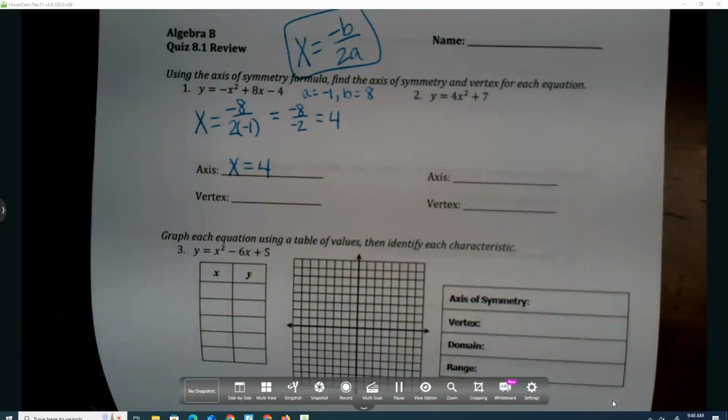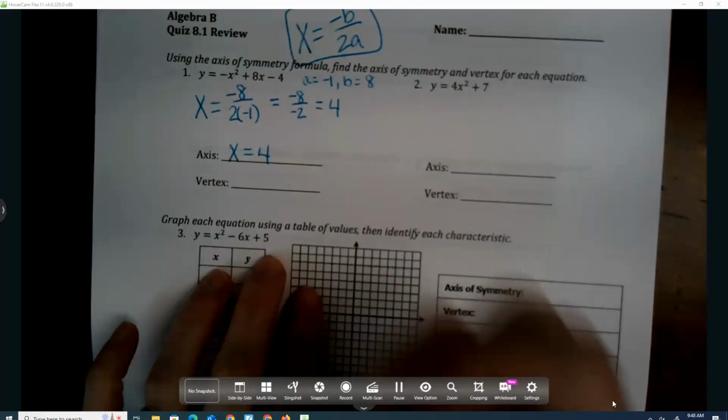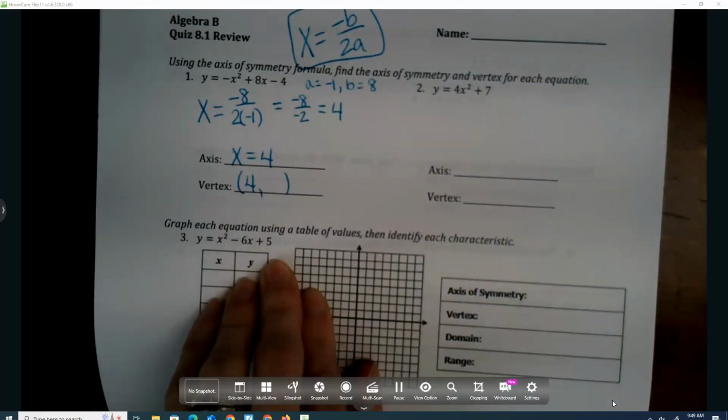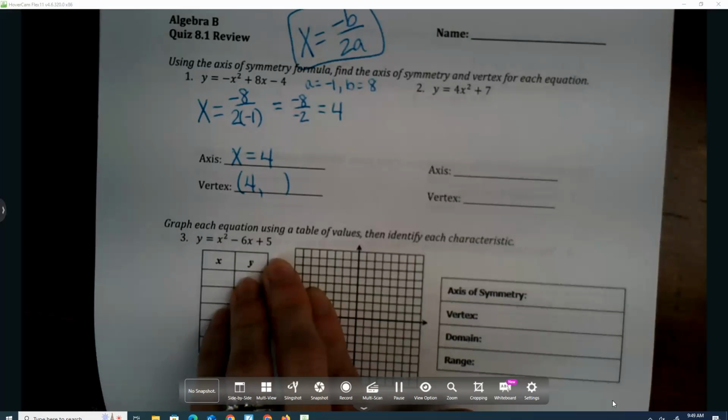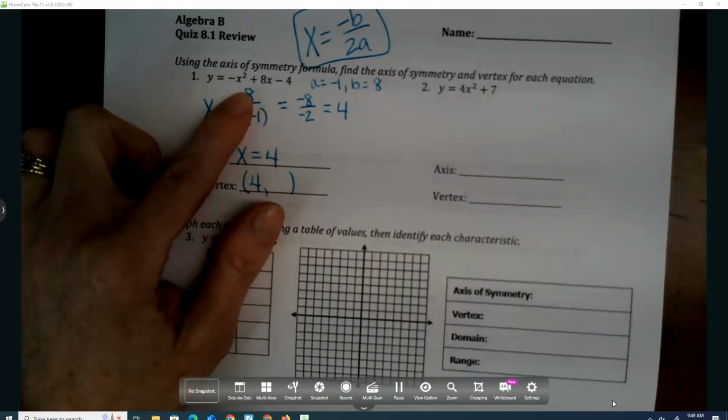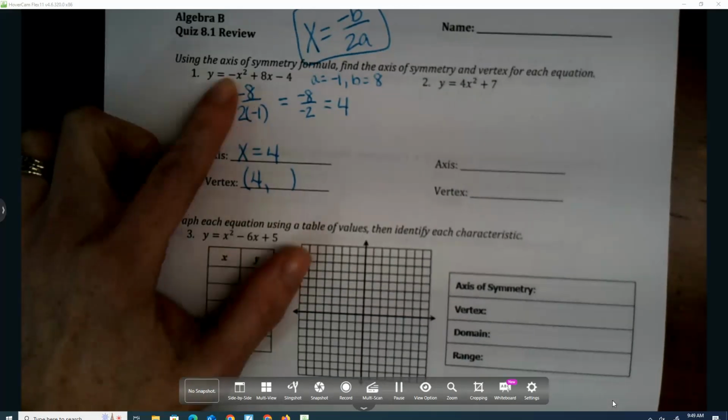You have to put the x equals with it. The vertex is an ordered pair. You already have the x. How do we get the y? Plug it in. So everybody, pick up your calculator. You have a negative 4 squared plus 8 times 4 minus 4.